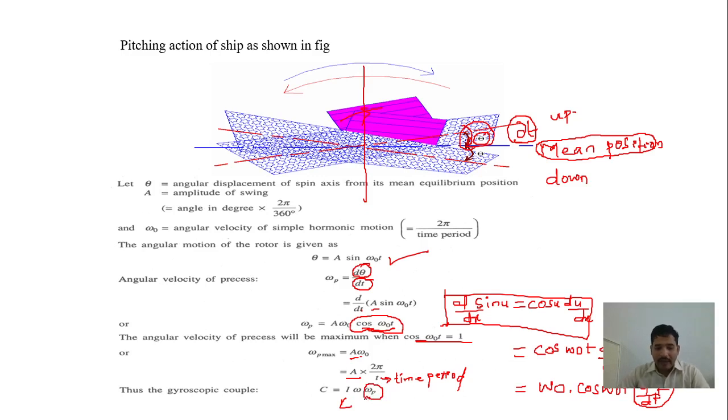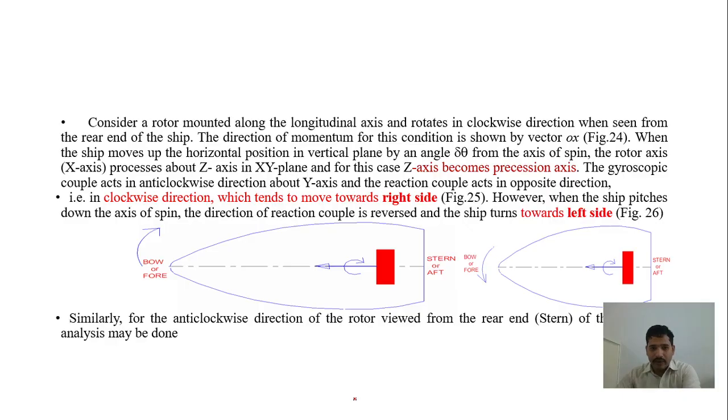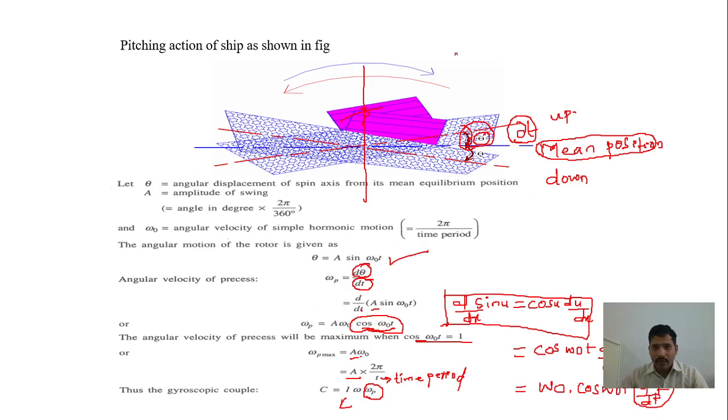Then, if the ship is pitching upward, the effect of the reactive gyroscopic couple will be as shown in the figure.